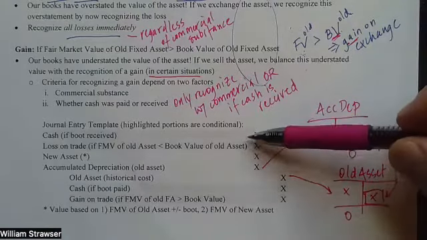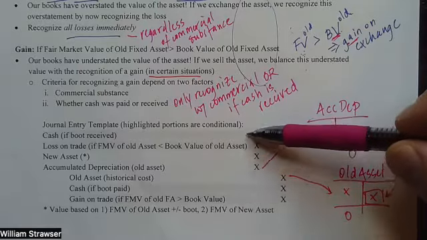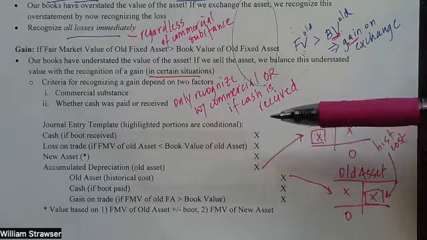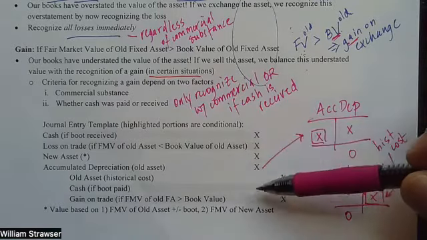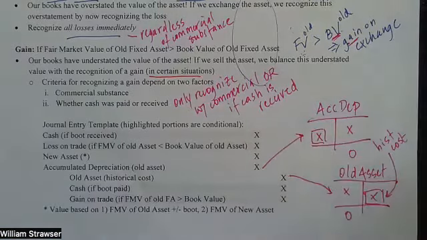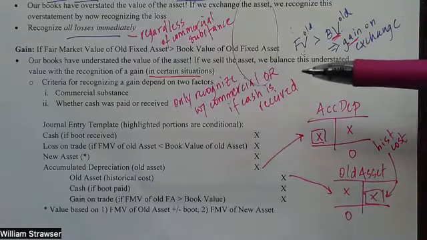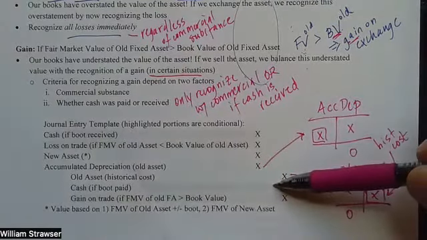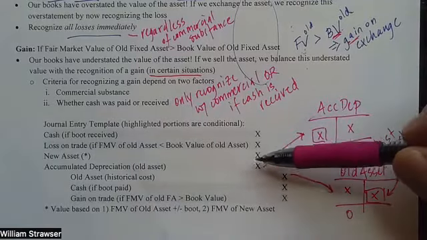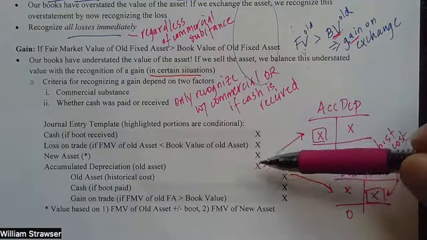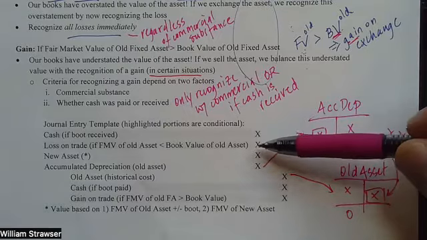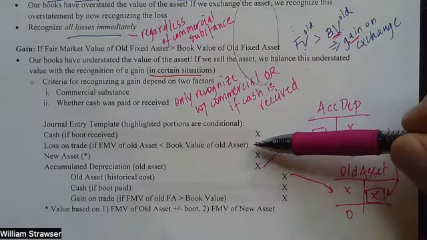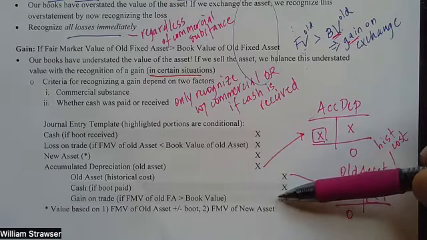The items I have highlighted here, it doesn't come off as highlight, but just a very faint gray box. These are conditional, like you may not debit or credit cash at all, just depending if it's part of the exchange. Of course, if you receive cash, you debit it. If you pay cash, you credit it. There could be a gain or loss on the exchange, depending on the commercial substance.